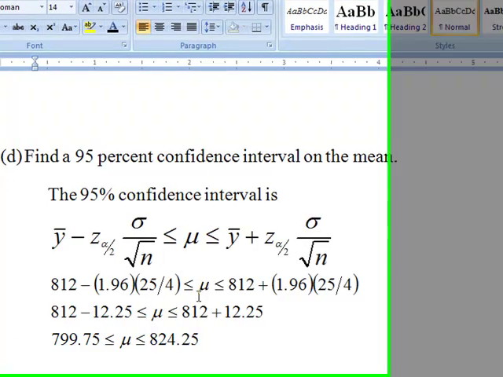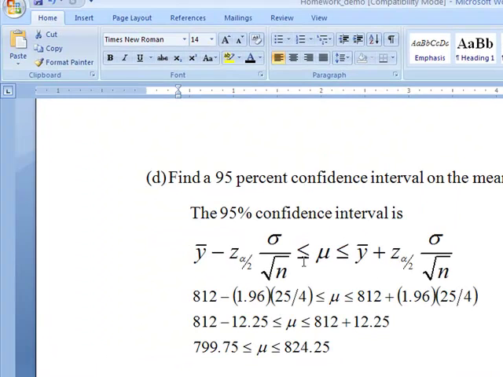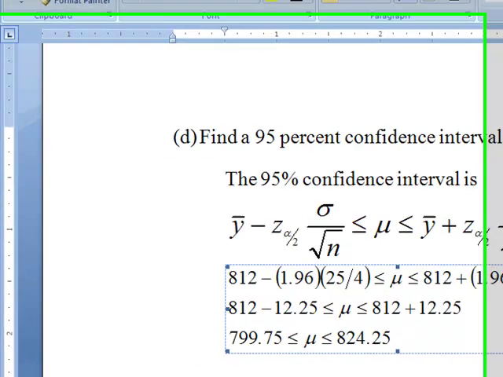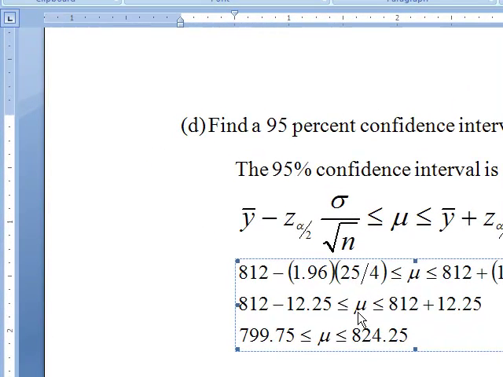and we have all the values. We have values of all these parameters. We have sample mean, which is 812. G sub alpha by 2 we have already calculated. We know sigma, we know n. So I'm putting all these values here, right? And as you solve this equation further, you will see that the 95% confidence interval for the mean is 799.75.